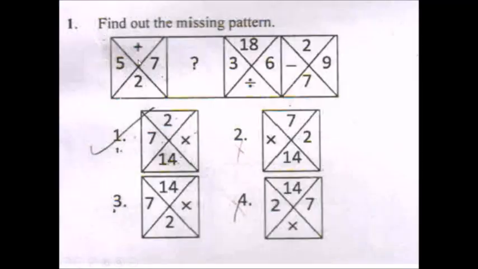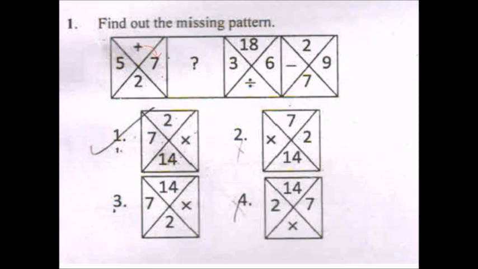Here you have to find out the missing place. Here is a different pattern of sum, division and subtraction. Only left here is the multiplication. In this diagram, followed by the plus sign, there is the result of 2 plus 5.